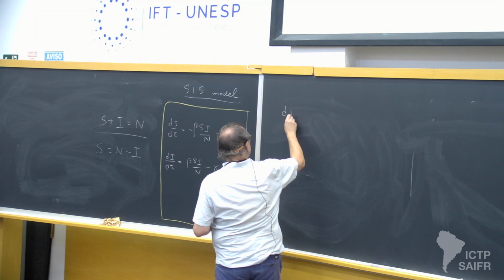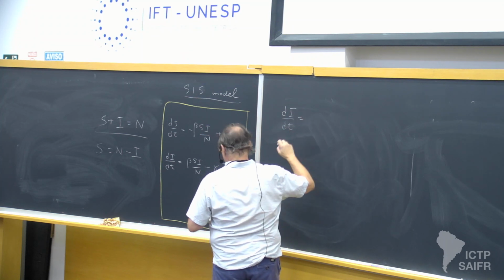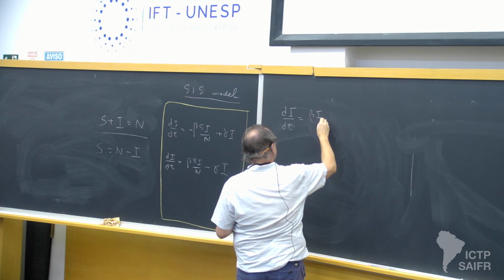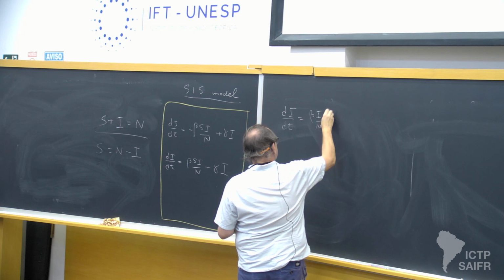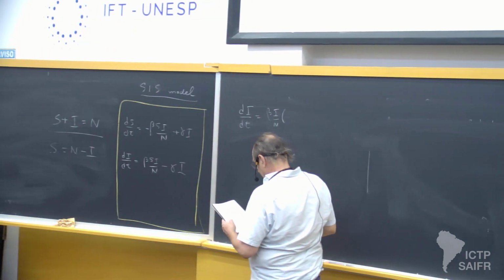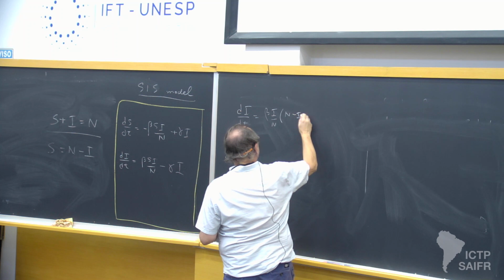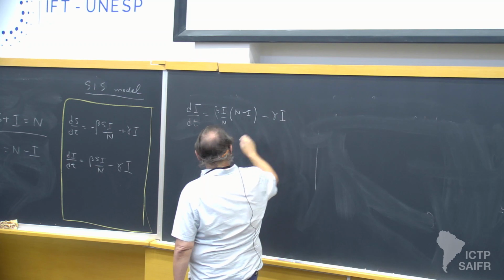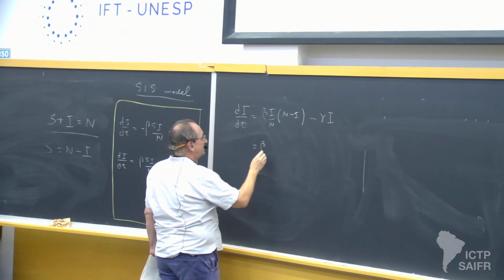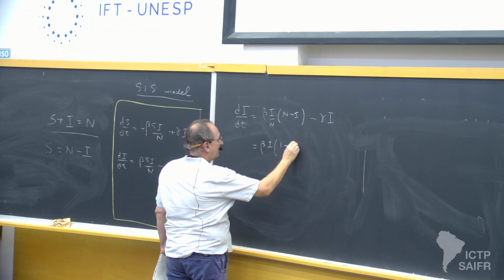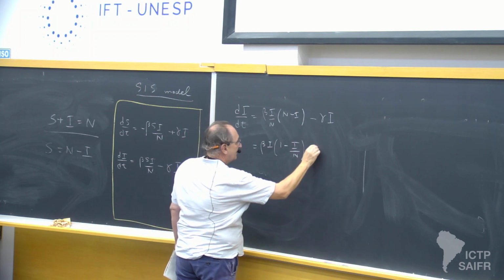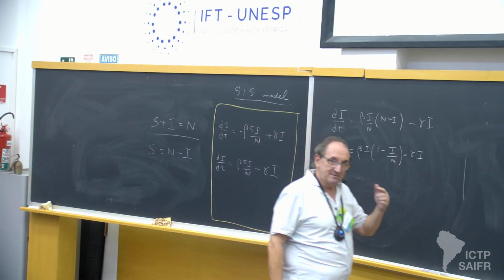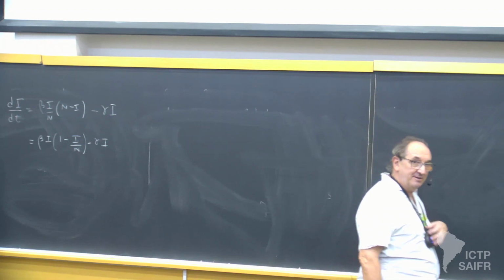is equal to beta times I divided by N times S, where S is equal to N minus I, minus gamma I. So this can be simplified to beta times I, 1 minus I over N, minus gamma I, which is not anymore a system of ordinary differential equations.